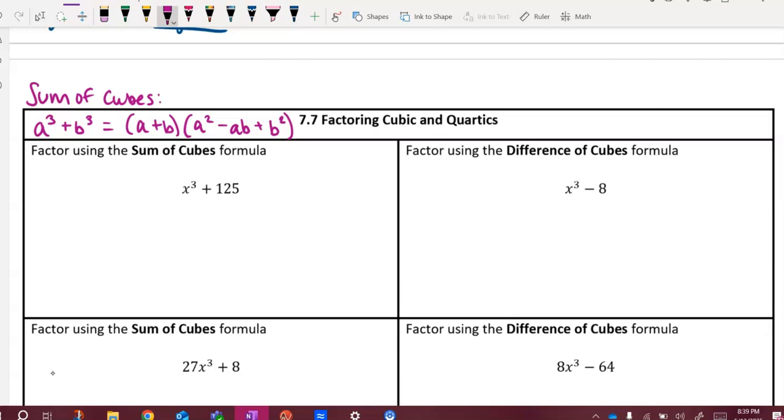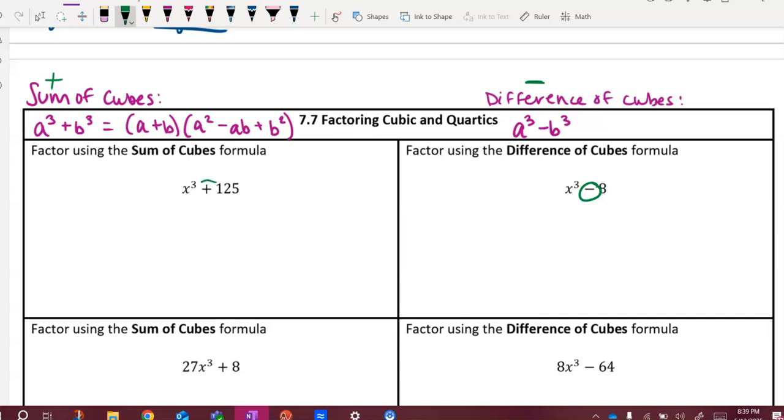Now the difference of cubes formula, if we started out with a cubed minus b cubed, let's also talk about that really quick. Difference literally means subtraction. Sum literally means addition. So how do we tell the difference?